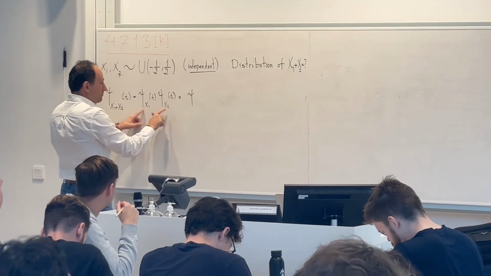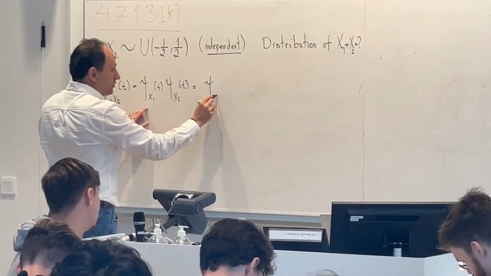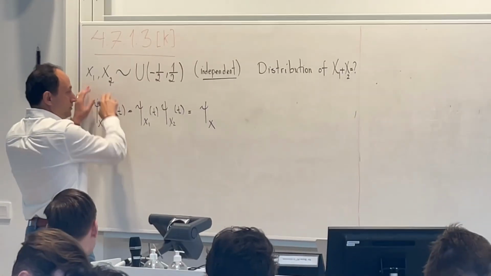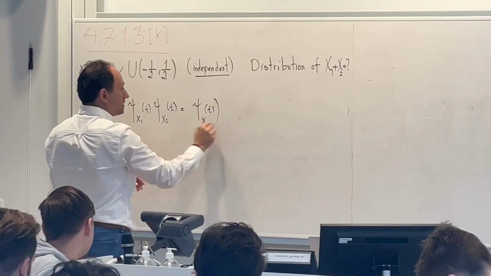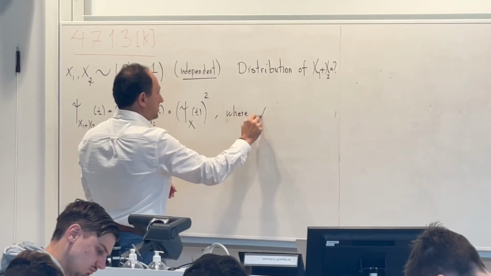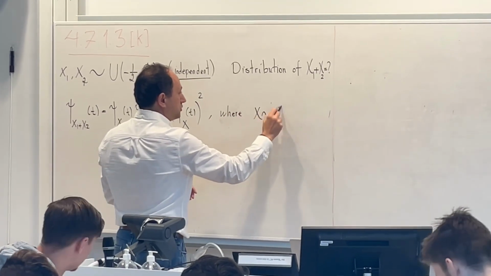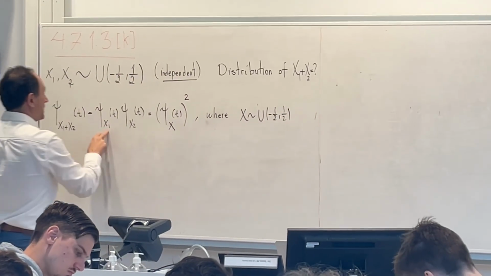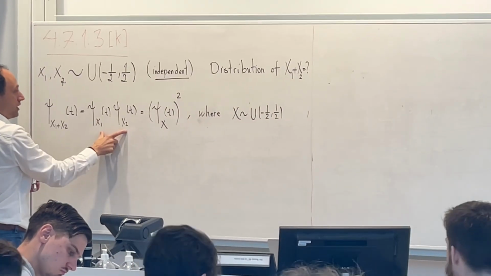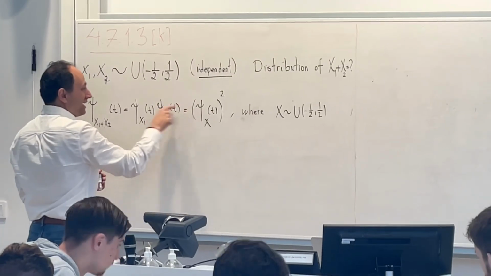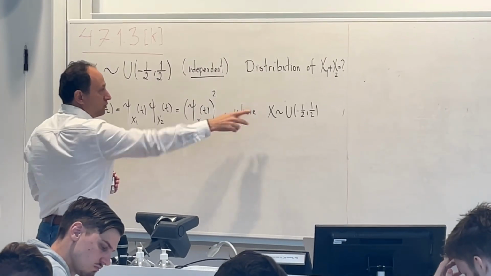Let me bring x in, as a representative for both of them. Because they have the same distribution, these two functions are identical, so I write this function to the power 2, where x is this uniform distribution.